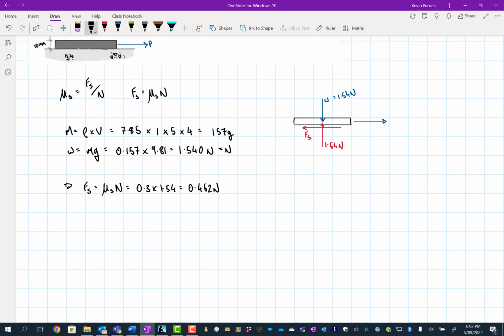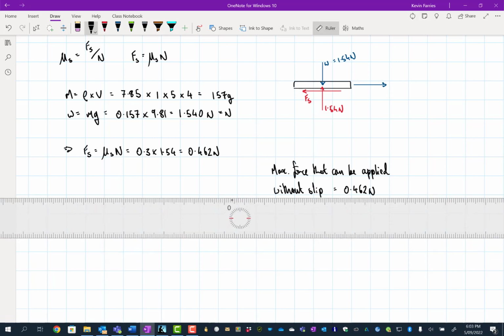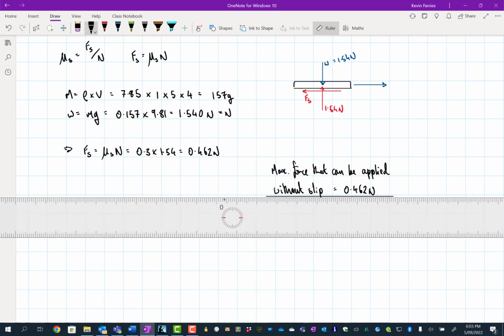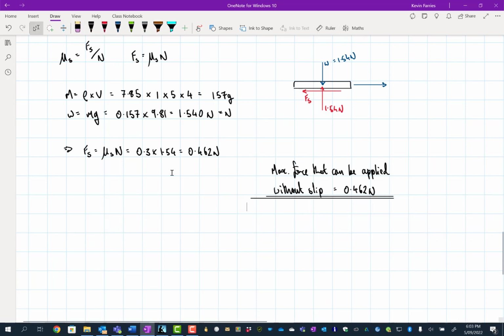So therefore, the max force that can be applied without slip is equal to 0.462 newtons. Might be a wee bit overly accurate, as usually your coefficient of friction isn't accurate, but let's just stick with our usual rules of 3 significant figures in the answer. Done.